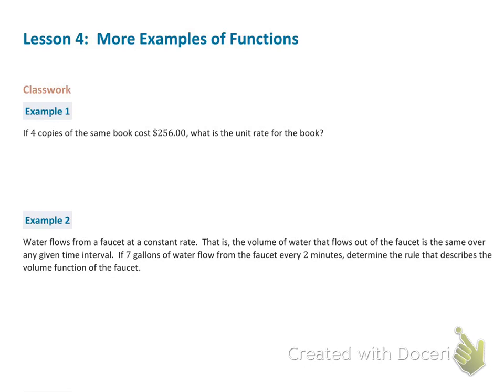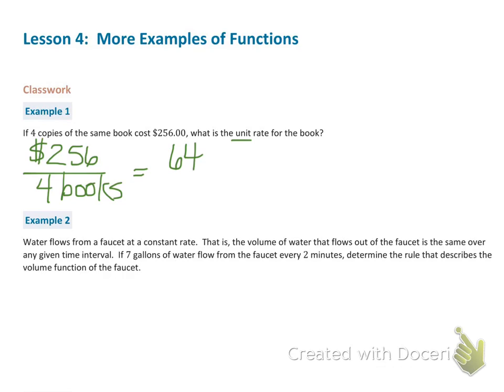All right, so let's look at your classwork here, example 1 that you have in your notes. If 4 copies of the same book cost $256, what is the unit rate for the book? So the unit rate, the rate for one book, we would be dividing, right? So $256 for 4 books is going to simplify to $64.